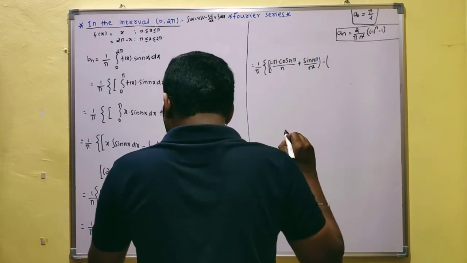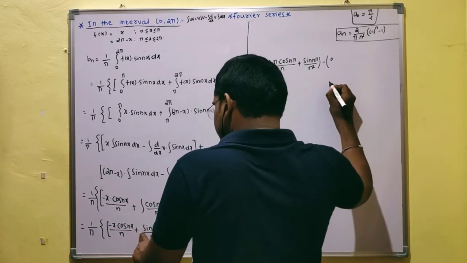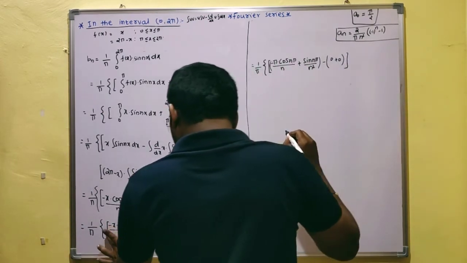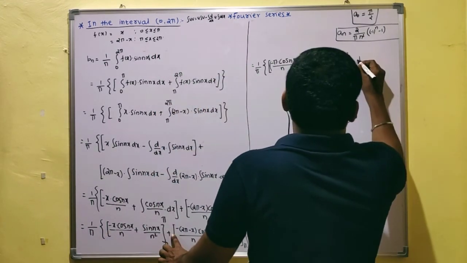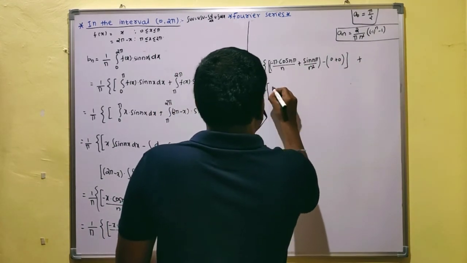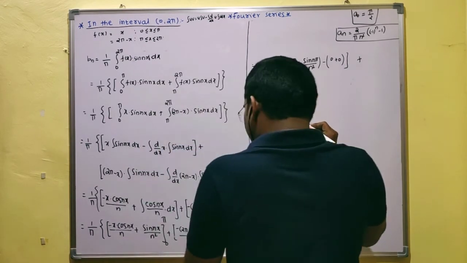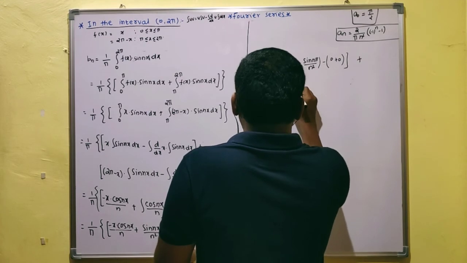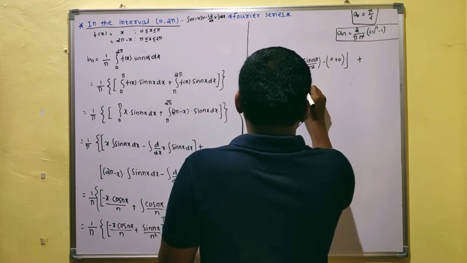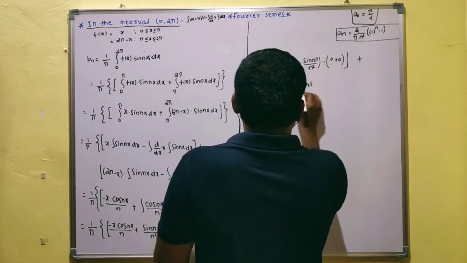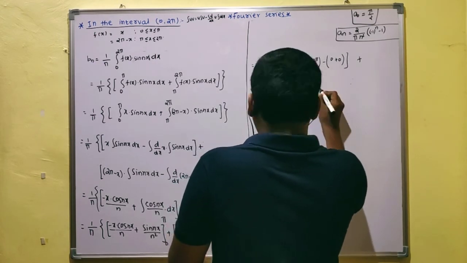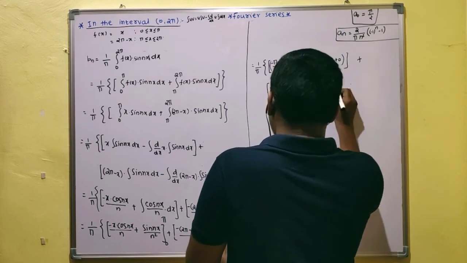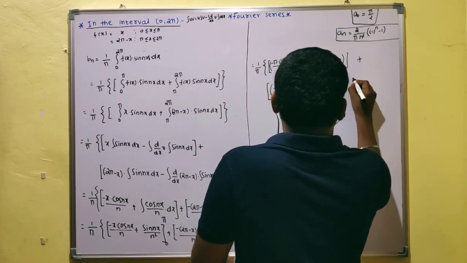By putting here, this will become 0. Again, sin 0 is 0. Upper limit minus lower limit. This total bracket is over. Now for this second bracket, plus here upper limit 2 pi: 2 pi into cos 2n pi divided by n minus sin 2n pi divided by n square, upper limit minus lower limit.